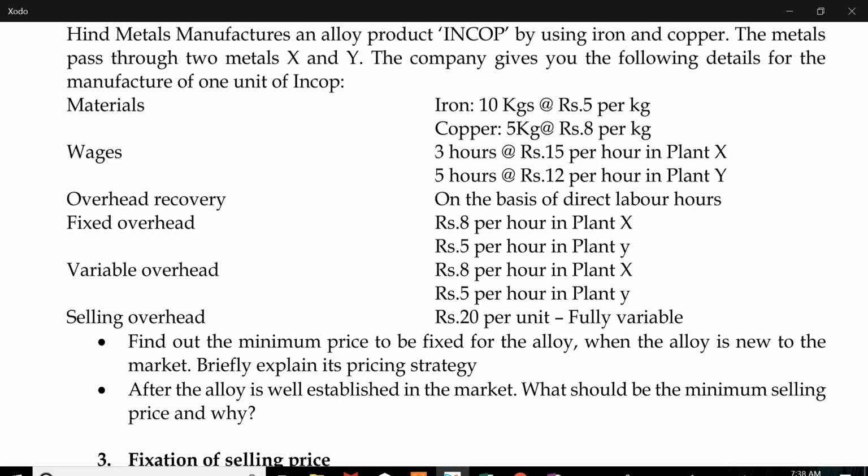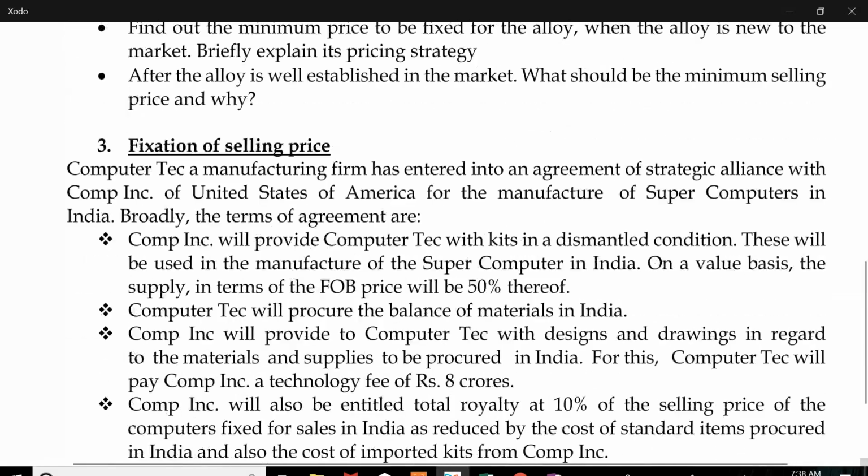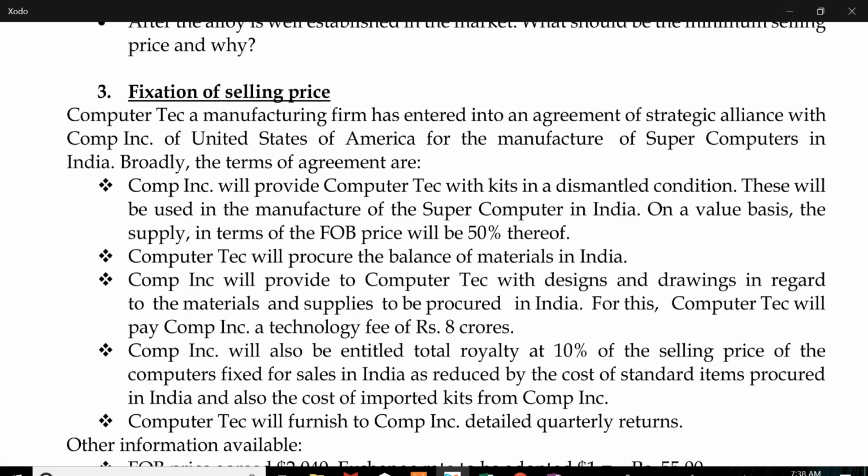Full stop. This is because the company would like to report profits once the product is well established. So till it is not established, I am okay to report losses, but if it's well established, I need to make money.